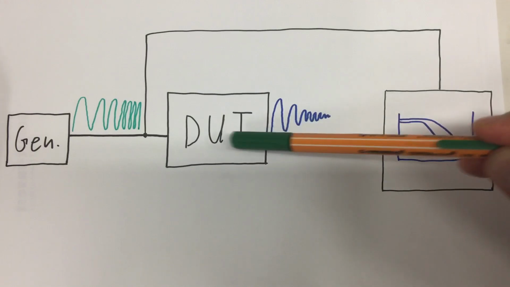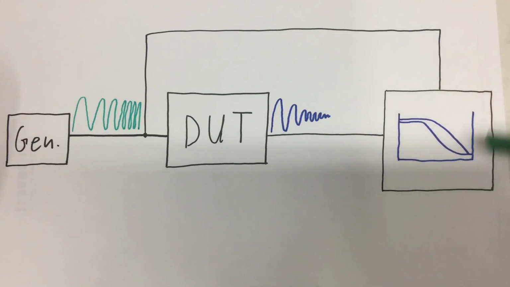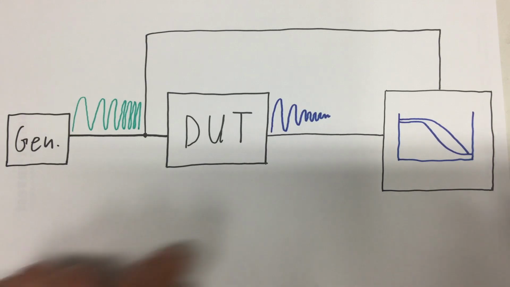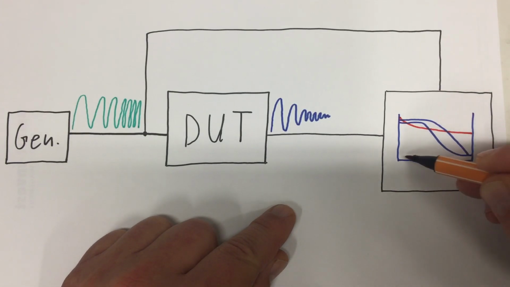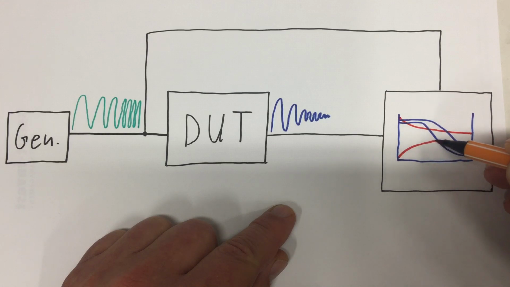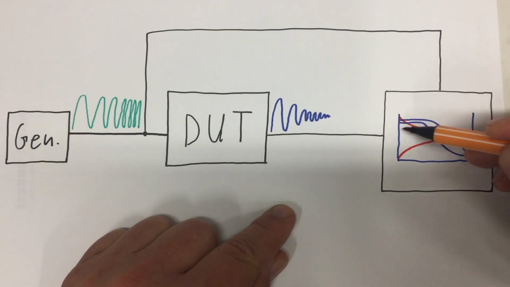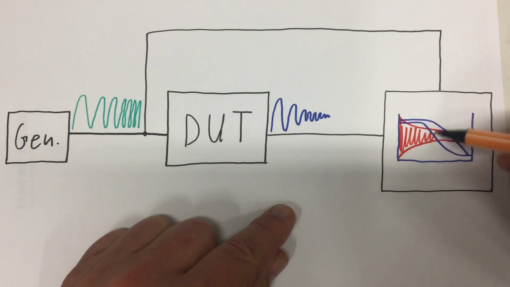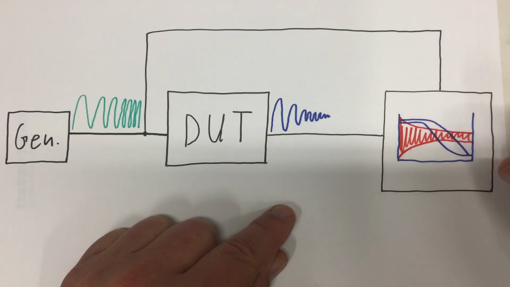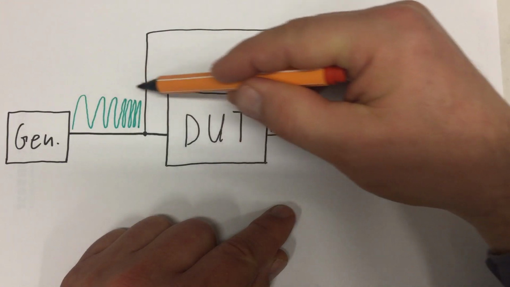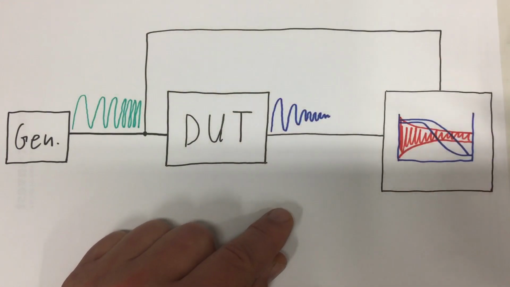And both things go into our oscilloscope, and we won't get a real Bode plot like that one. But we will be happy if we have something like this here. Something that at least indicates how the magnitude of the output signal develops in the frequency band we are feeding in here.